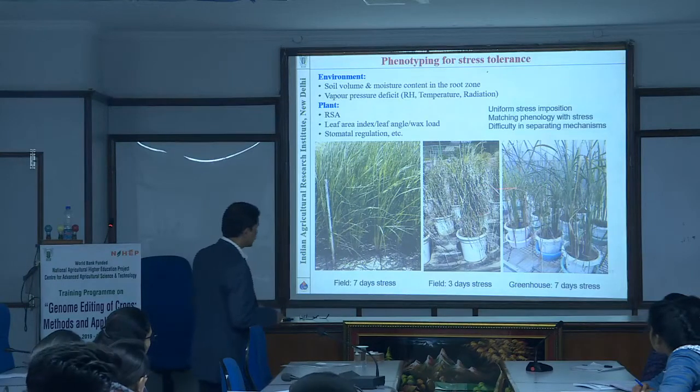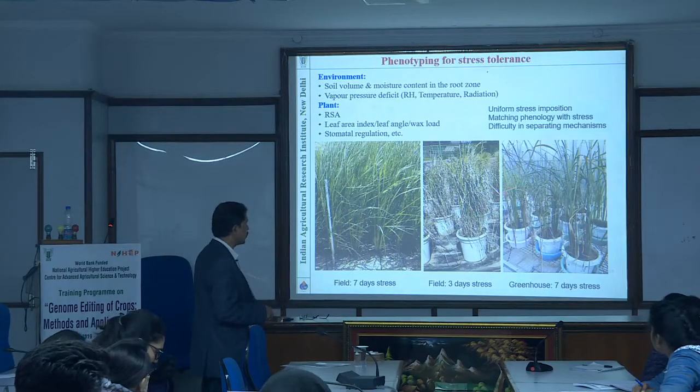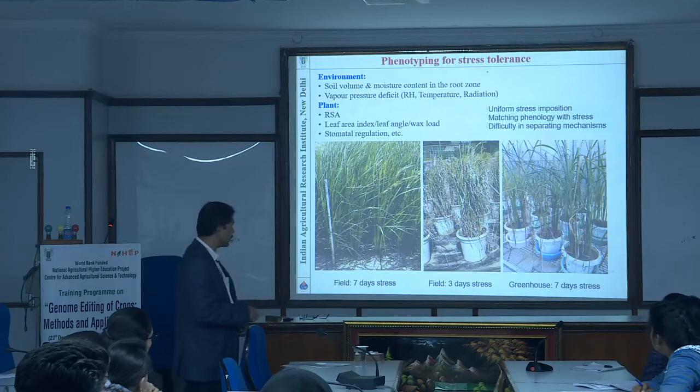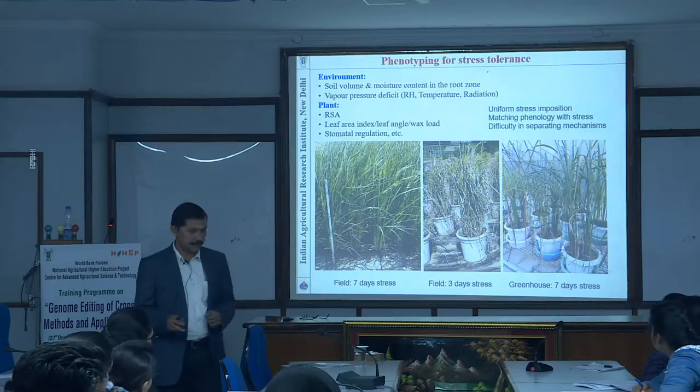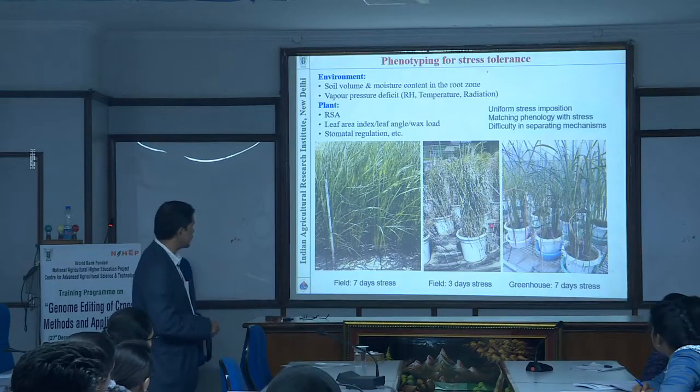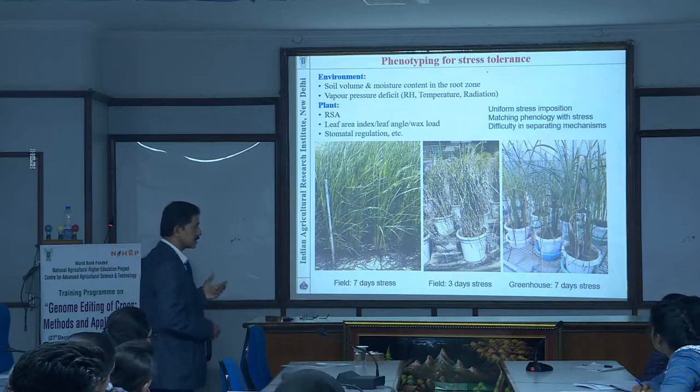So here two factors are important. When you compare genotypes, you should see what leaf area is produced by the genotype in a pot experiment. If a genotype is producing a large leaf area, you cannot compare it with a genotype producing less leaf area. In the literature, you can find several examples where a transgenic and a wild type are compared, and the transgenic plant is initially small.